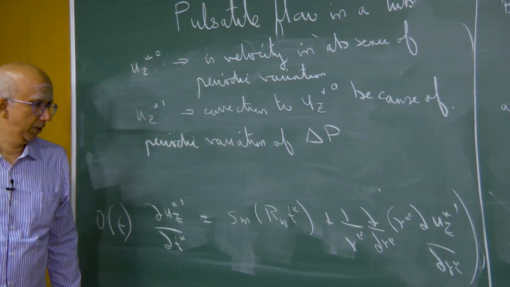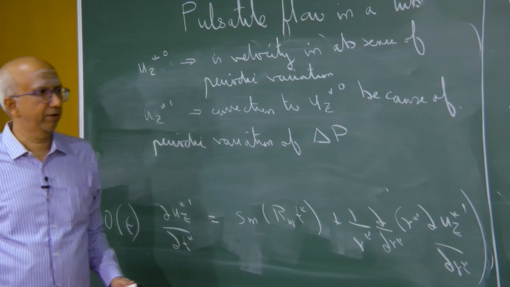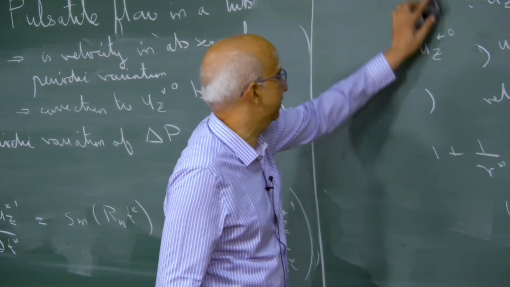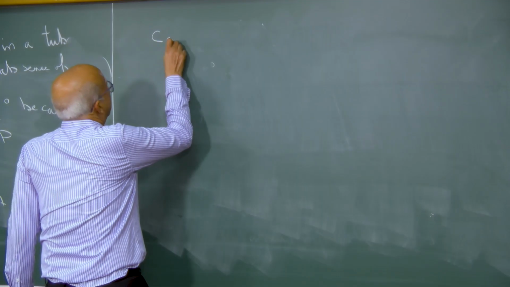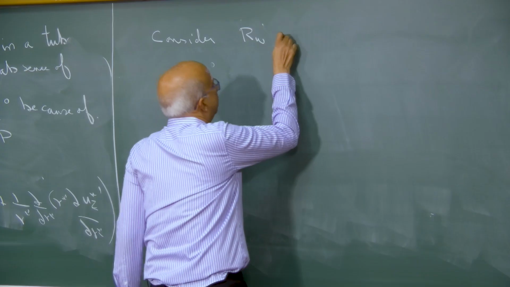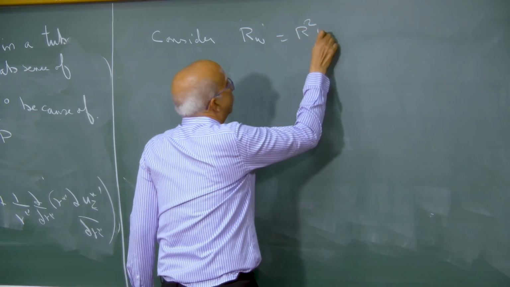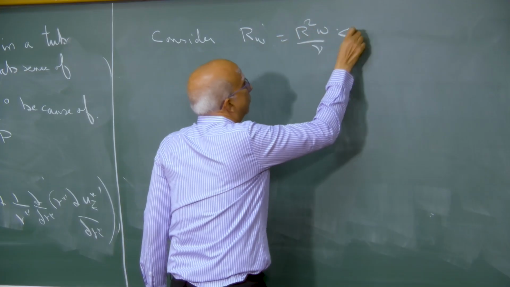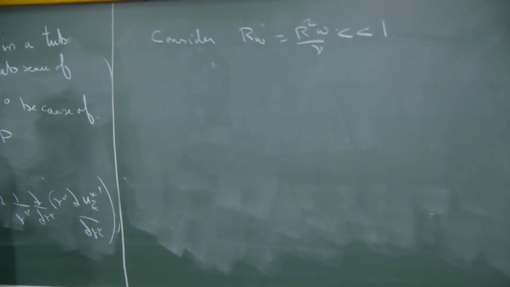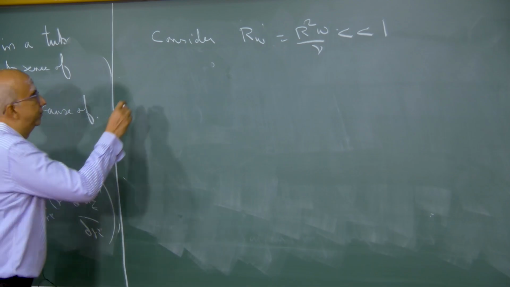Okay. What I want to do is, I want to first talk about the case where Rw is very much less than 1. So, very, very small. In fact, Rw is tending to 0. Okay.